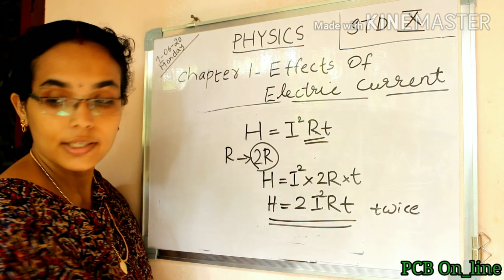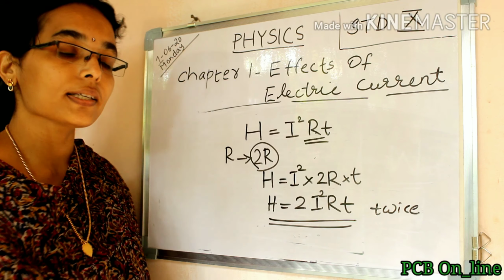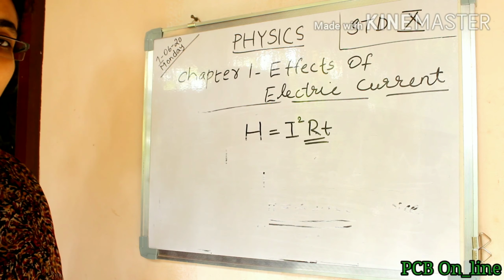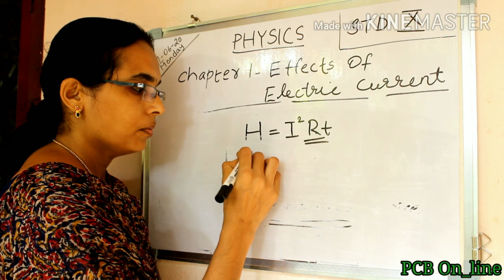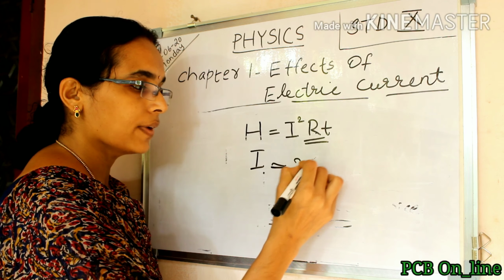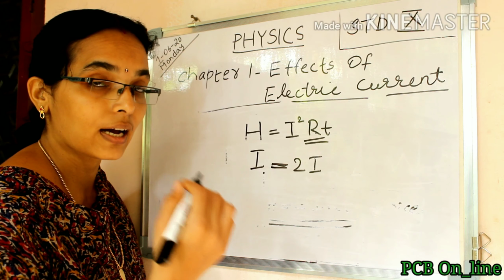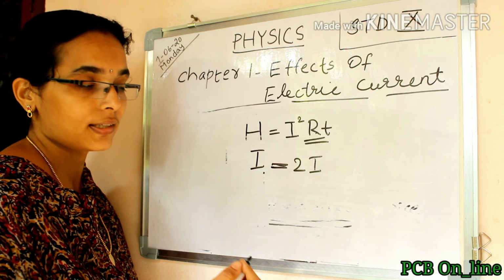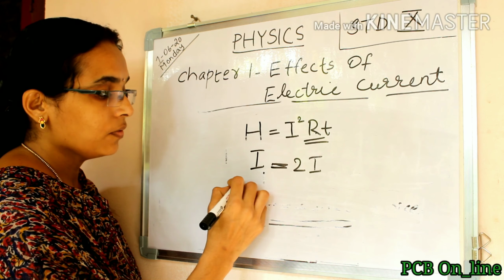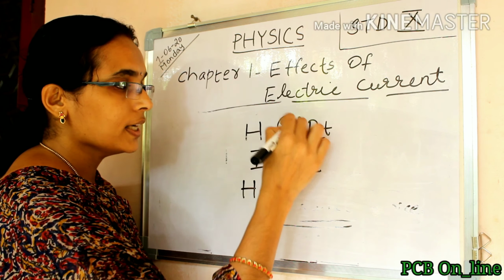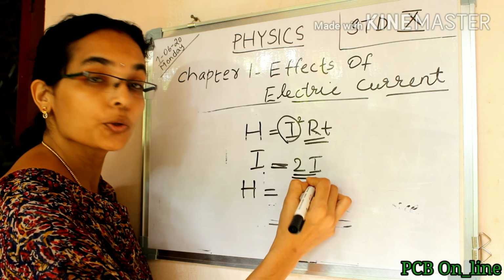Now consider if we increase the current I by twice, I is equal to 2I. Then what will be the change in heat energy produced? Then I should be replaced by 2I.